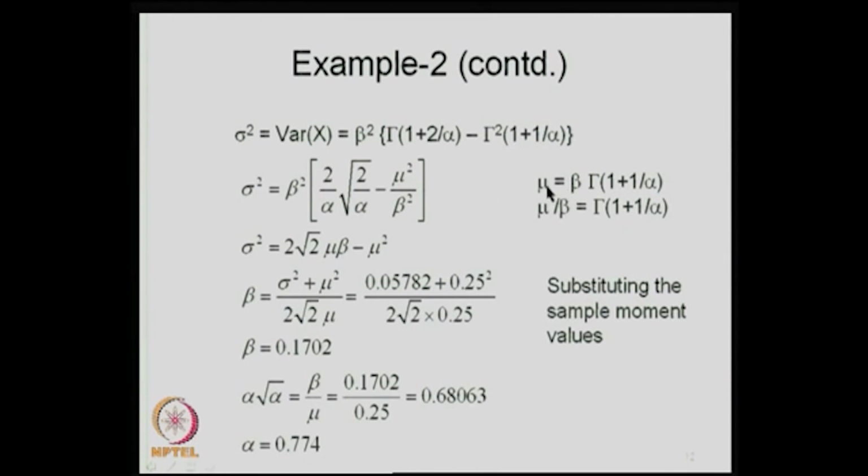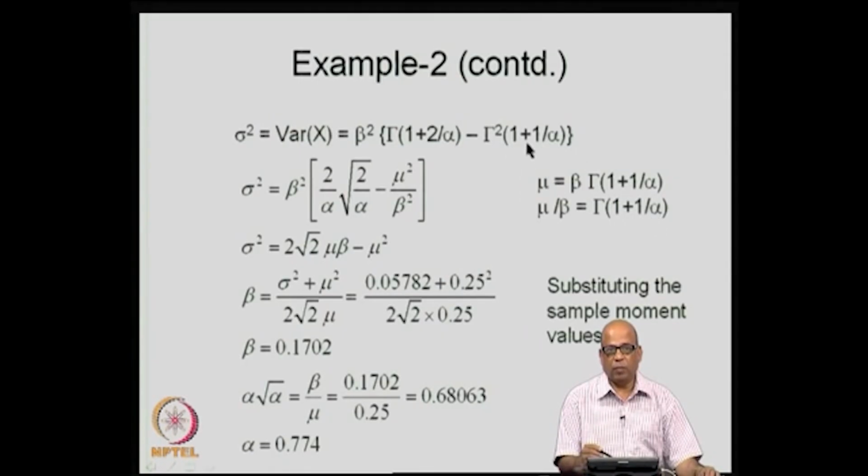Recall that mu is equal to beta into gamma function of 1 plus 1 by alpha. So, mu by beta is gamma function of 1 plus 1 by alpha, and therefore the gamma square of 1 plus 1 by alpha is mu square by beta square. From there you get sigma square is equal to 2 times gamma of 2 mu beta minus mu square.